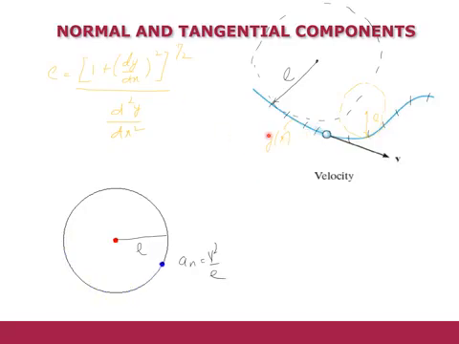In comparison with the rectangular coordinate system, we would have some reference axis or origin, and with respect to that origin we calculate the position and the velocity, right? But in the normal and tangential coordinate system, it is fixed on our particle.